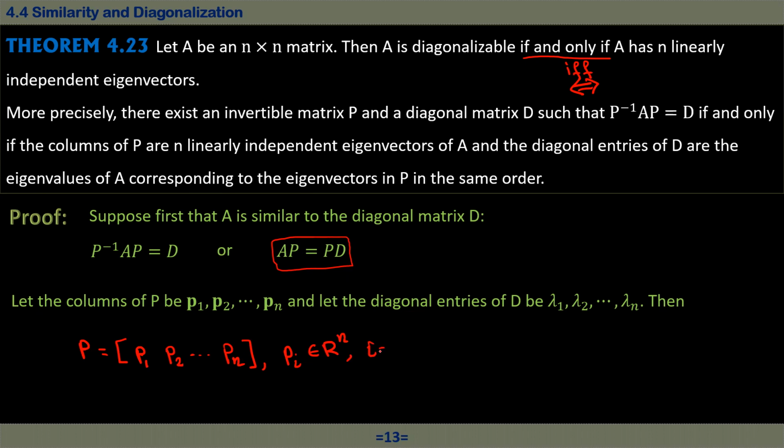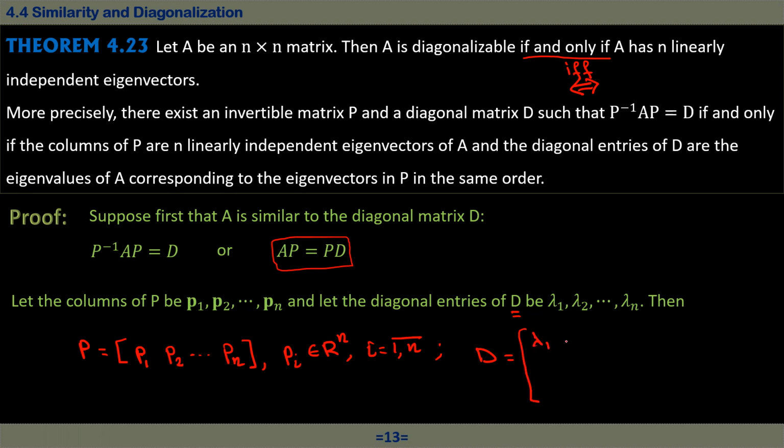And let the diagonal entries of D be these, since D is a diagonal matrix. Don't get confused: I'm not claiming that these are the eigenvalues. I'm just using these variables for the entries in the main diagonal.